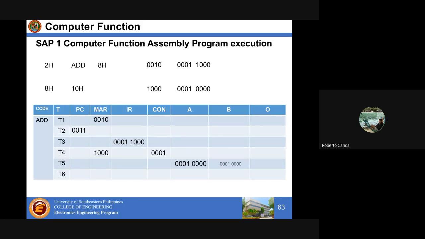It is at T5. Then we add A and B, and the answer will go back to your A. Adding these two, we get 20. So that is the third line, 2H.